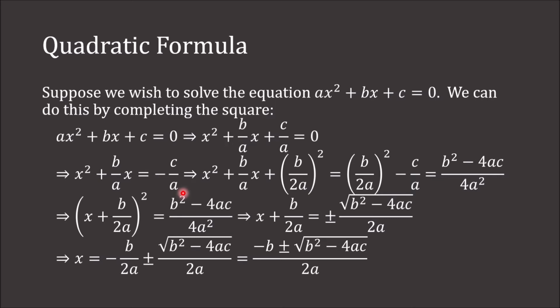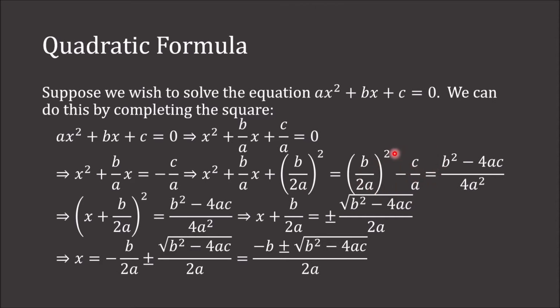Now we complete the square. We do this by taking half of the coefficient of x and then squaring it, and then we add it to both sides of the equation. So we have x squared plus b over a x plus the quantity b over 2a squared is equal to the quantity b over 2a squared minus c over a.